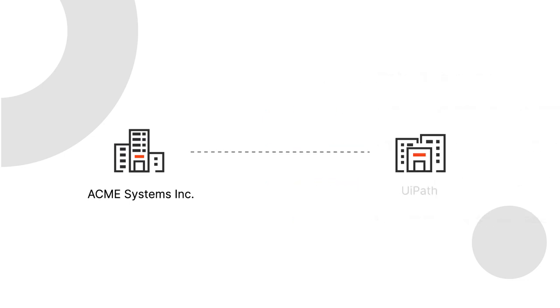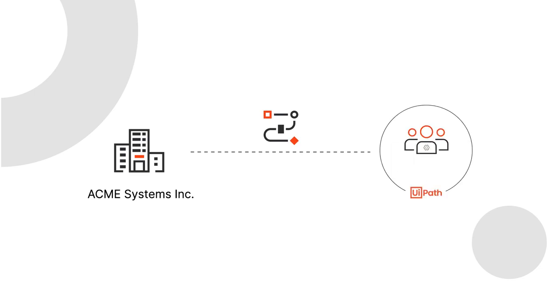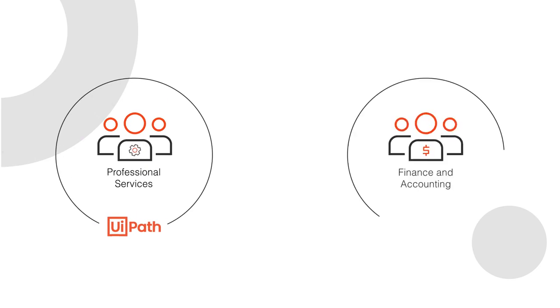Acme's business team chose to automate with the UiPath platform and support from the UiPath professional services team in both internal and external-led implementations. It's a good idea for the professional services team to initiate the early interactions with the client department by sending out a welcome note, which details the next steps for them.